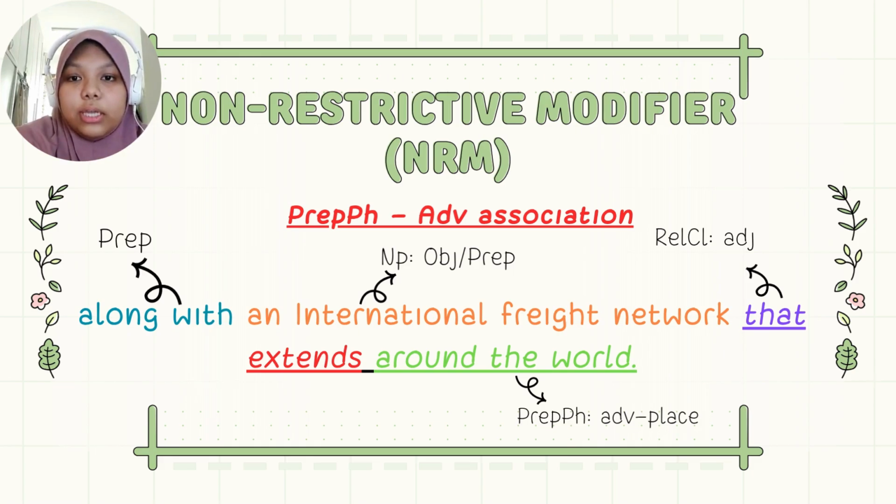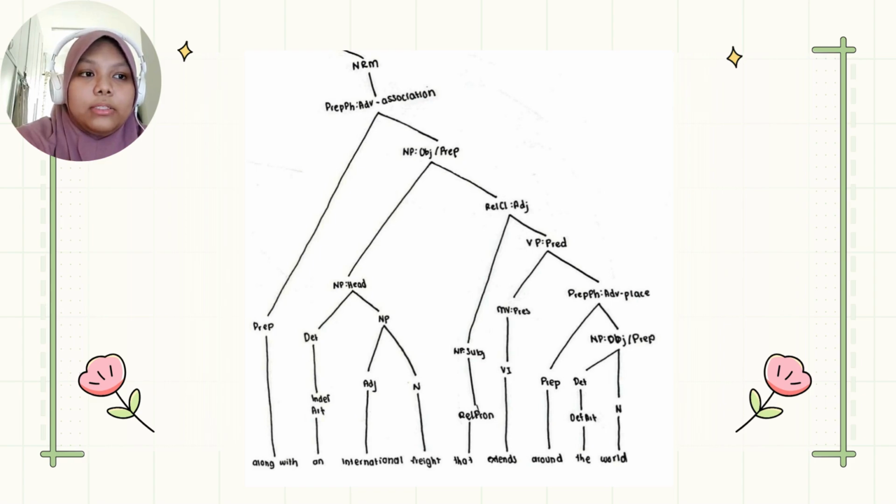So let's take a look in more detail at the tree diagram. So here is the tree diagram of the NRM. We put one branch here, a prepositional phrase, adverbial association. Then we have two branches under it. We have the preposition along with, and then we have the noun phrase object of preposition. And we have here the noun phrase head.